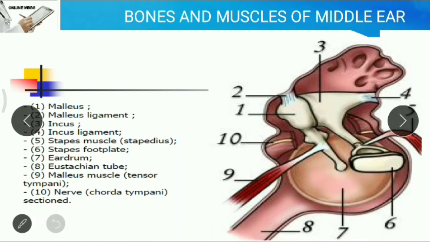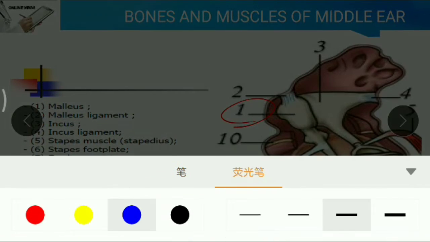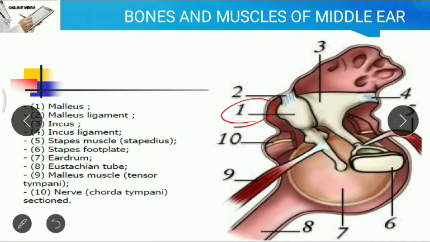Bones and muscles of middle ear. You can see here malleus. This one is malleus. Malleus ligament. This one is malleus ligament, and incus. This one is incus. Fourth one, the incus ligament. The incus ligament is here, and the stapes muscle. The stapes muscle is here.